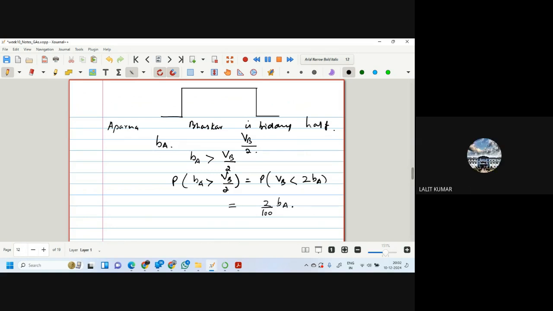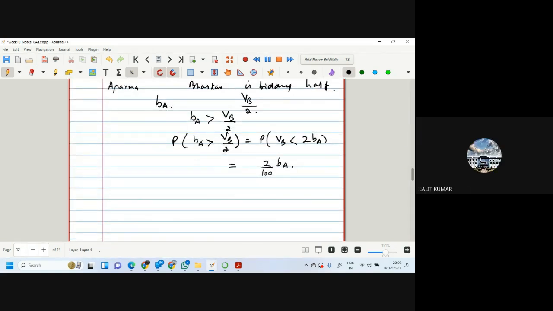Now, when she wins, 2 by 100 BA into her value VA minus BA will be her expected profit.